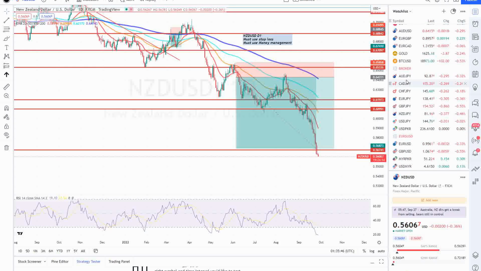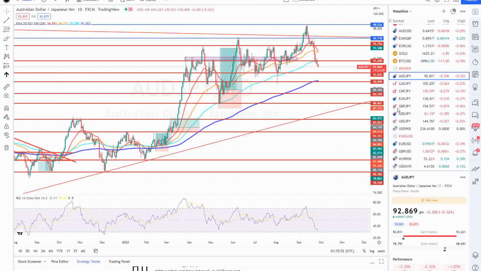Now let's just check the JPY pairs. I think JPY pairs are starting to go in a downward direction, but as you can see, all pairs are mostly above the 200 EMA. That's why I am not entering into the sell position at the moment.